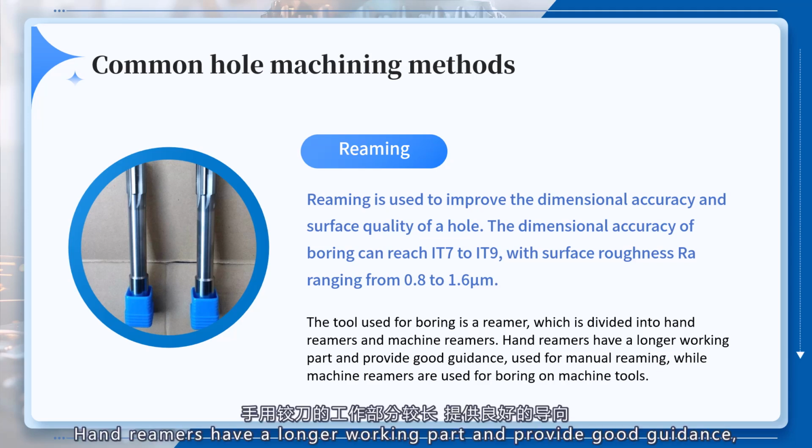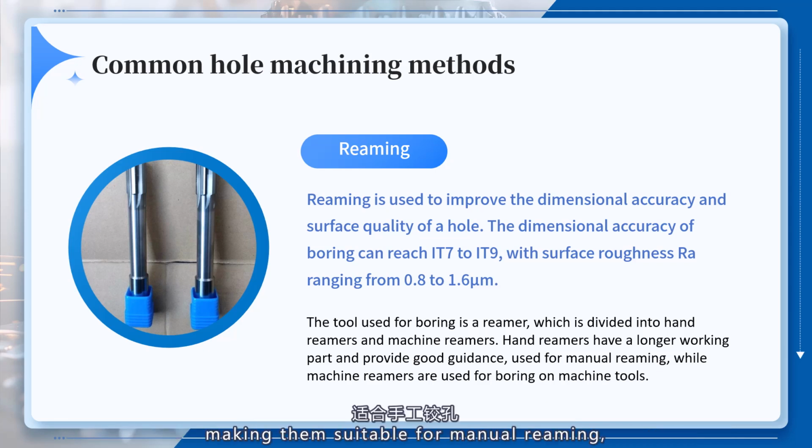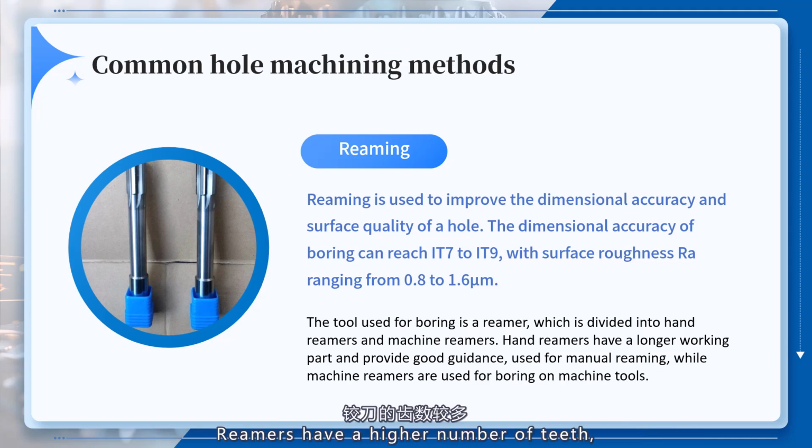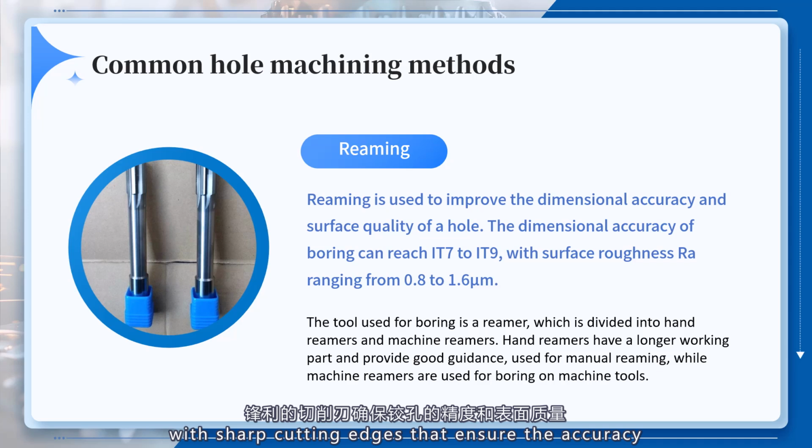Hand reamers have a longer working part and provide good guidance, making them suitable for manual reaming, while machine reamers are used for reaming on machine tools. Reamers have a higher number of teeth, generally 6 to 12, with sharp cutting edges that ensure the accuracy and surface quality of the reamed hole.